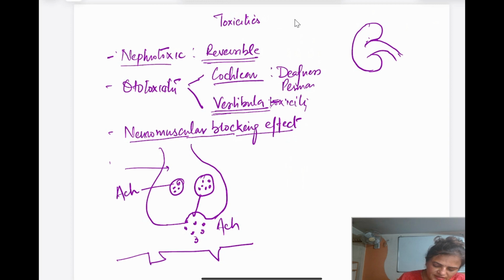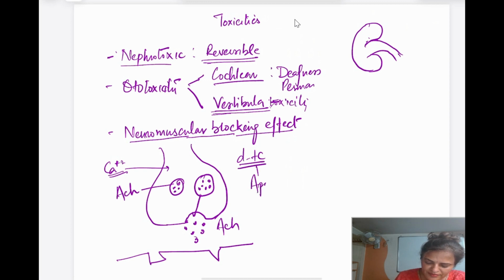This fusion occurs with the entry of calcium ion, so aminoglycosides antagonize this action of calcium. Normally this does not happen, but if you use the aminoglycoside in the peritoneal cavity or in the pleural cavity, and you have given the patient a neuromuscular blocker, then you can see apnea and other fatalities.